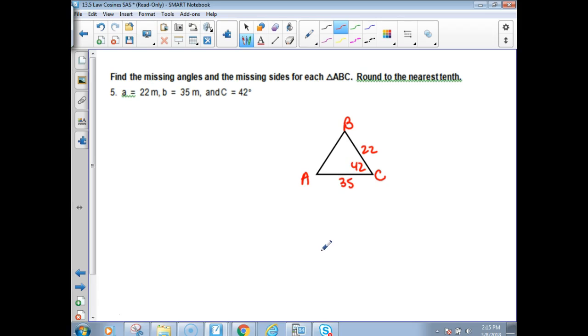No blanks filled in for you. We've just got to go for it. You'll be finding side c first. This is a long thing to type in.